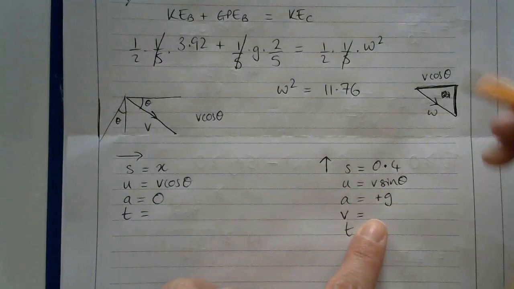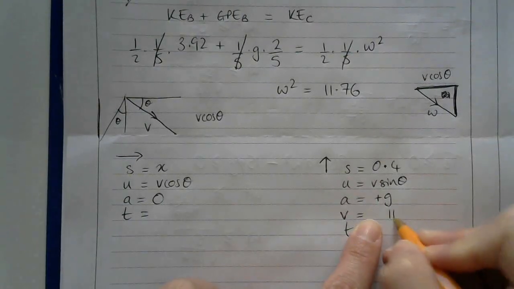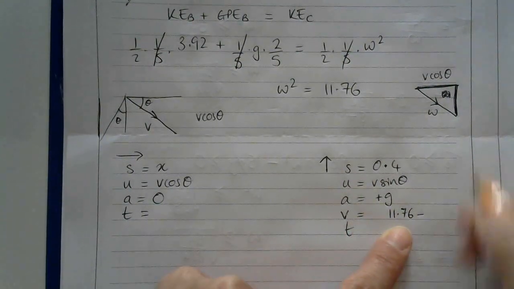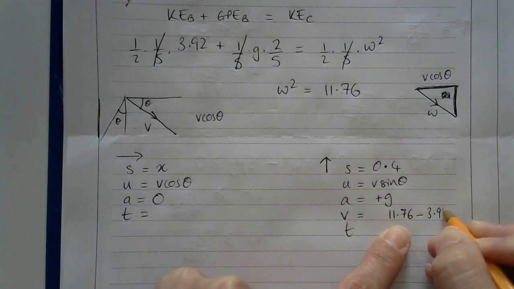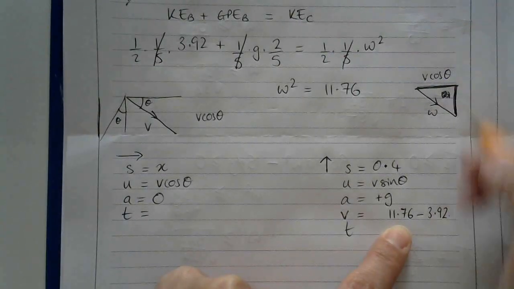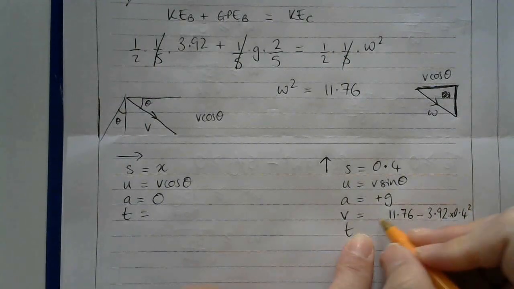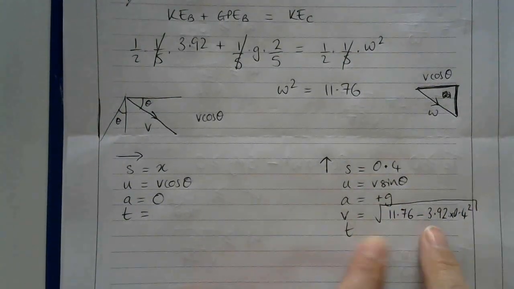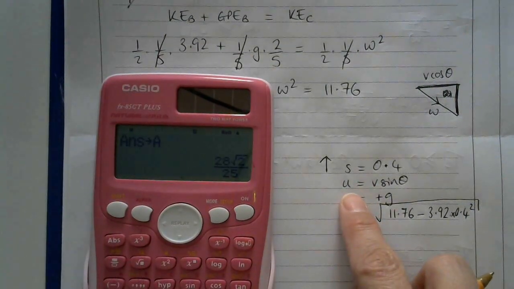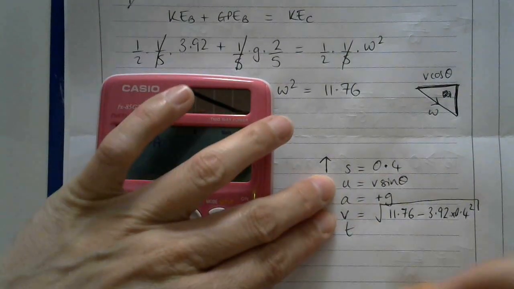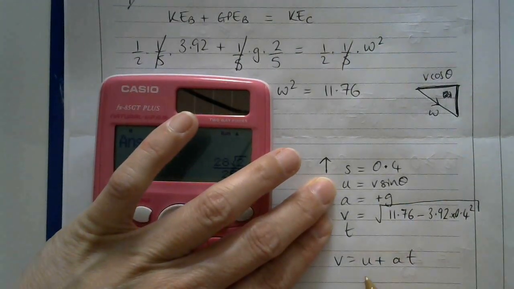Okay, so the final velocity here is going to be w squared minus this squared, so v squared was 3.92 times 4/5 squared, and then square root that answer, and that will give me what v is. And then I could use v equals u plus at, which is the simplest equation I can use, so that I can work out the time.